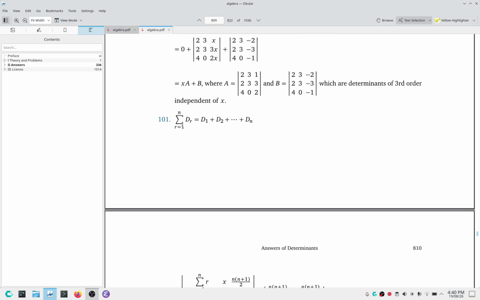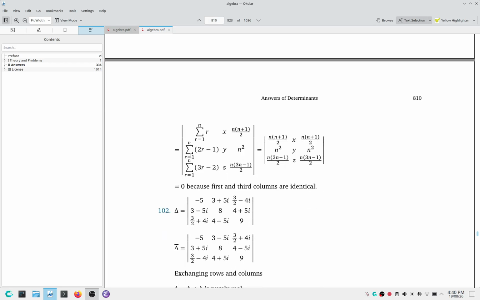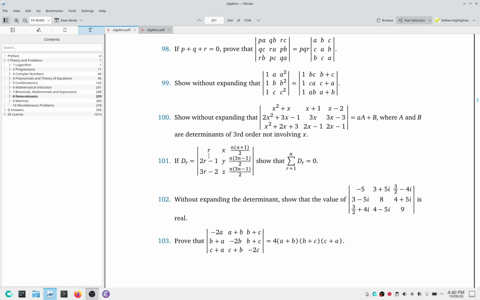So we have sigma r equals 1 to n Dr is equal to D1 plus D2 up to Dn. So this essentially translates into sigma over the columns of R. Okay. Now, all right.